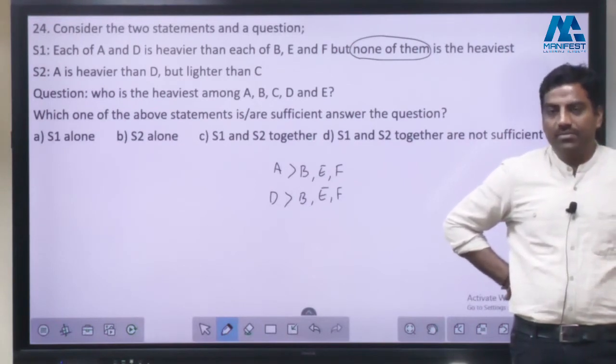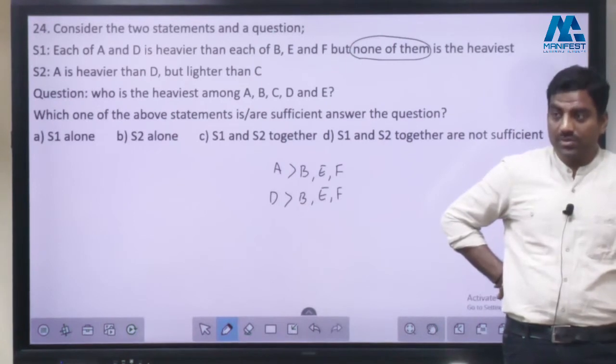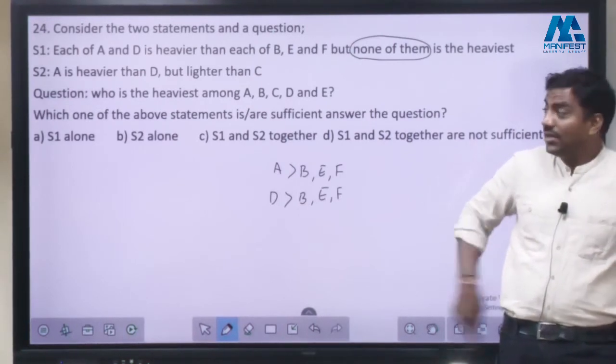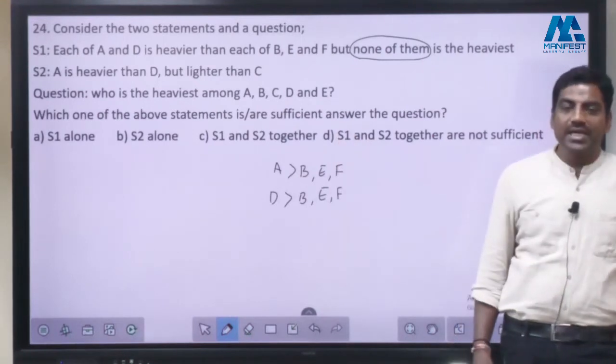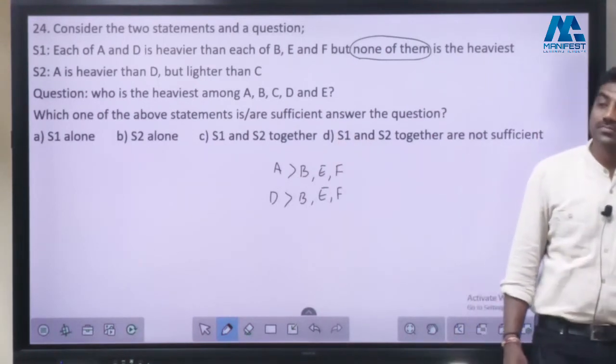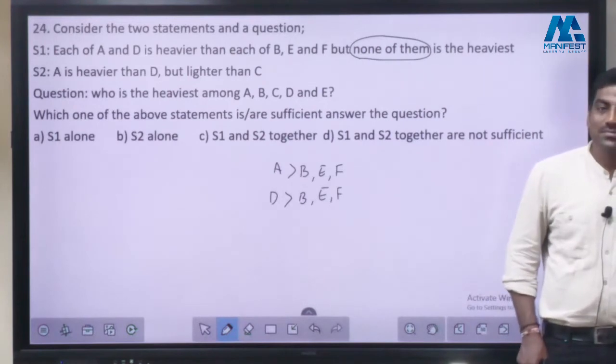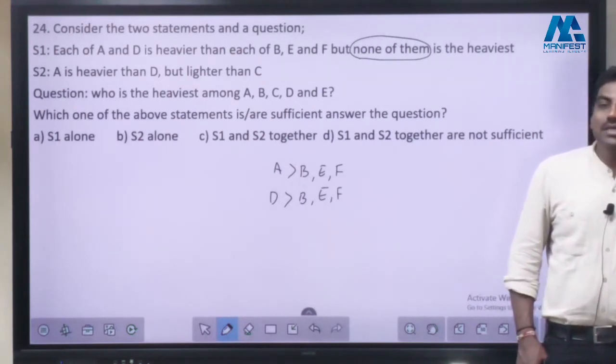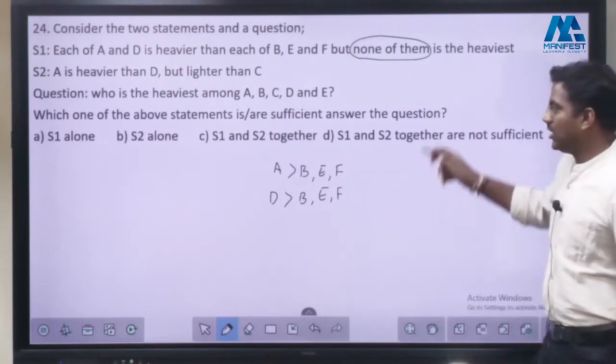Then we would have said there can be a 7th person also, there can be an 8th person also. But here they are asking among A, B, C, D and E. That option is anyways there. Let us hold this one, okay?